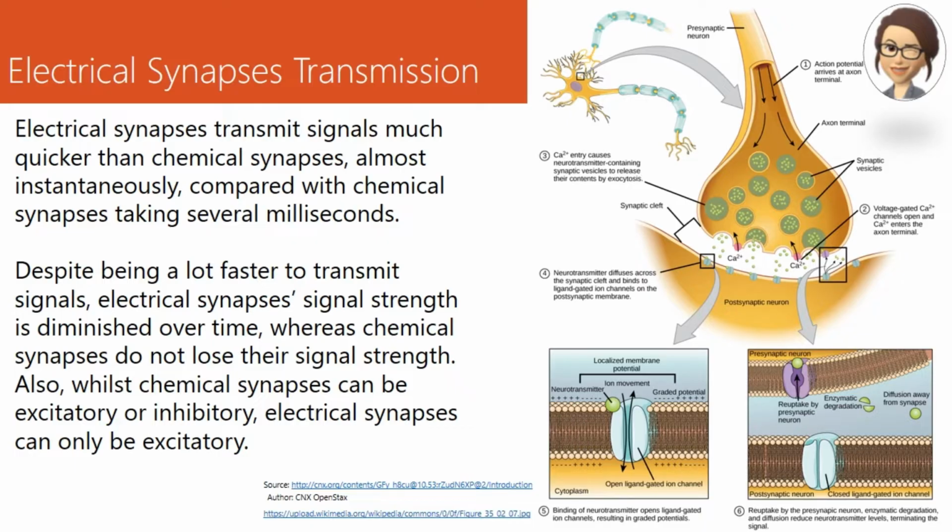Gap junctions contain paired channels in the membranes of the pre- and postsynaptic neurons, forming pores. These pores are larger than those of the voltage-gated ion channels in chemical synapses, meaning that a variety of substances can diffuse between the neurons.